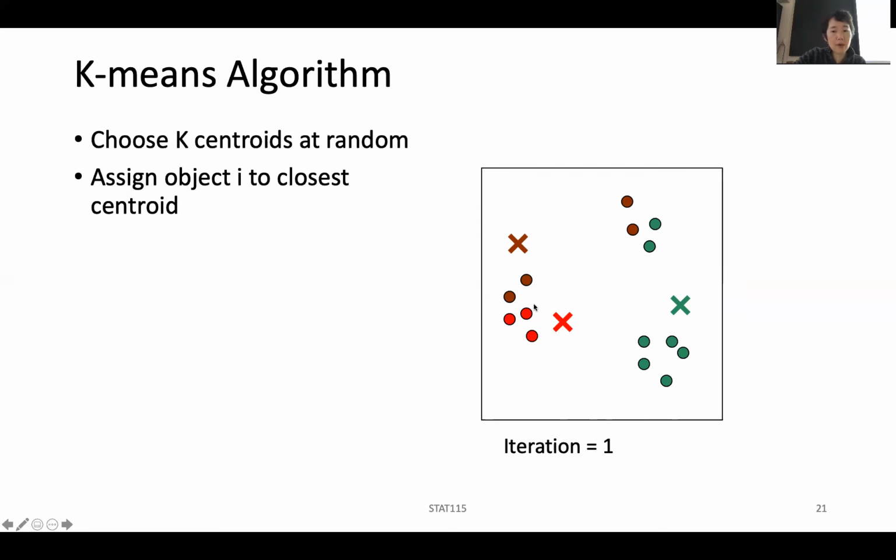So for example, these 2 genes are close to the brown, so they're being assigned to the brown color. For these 2 genes, if you calculate the distance of this gene to the brown, the red, and the green, it's only slightly closer to the brown. And so, okay, fine, we'll just assign it to the brown group. And these 3 genes are distance-wise closest to the red, so you assign them to the red.